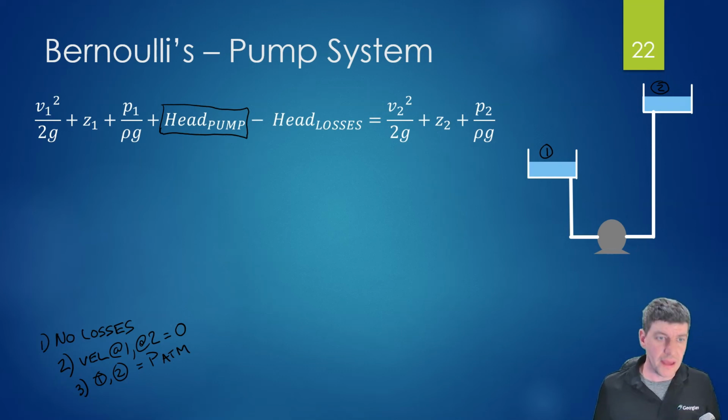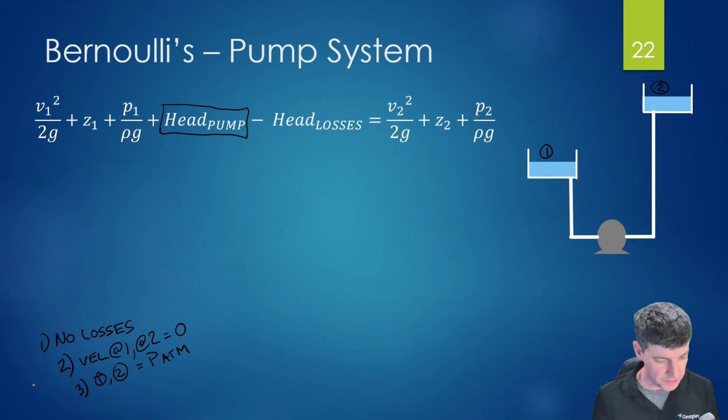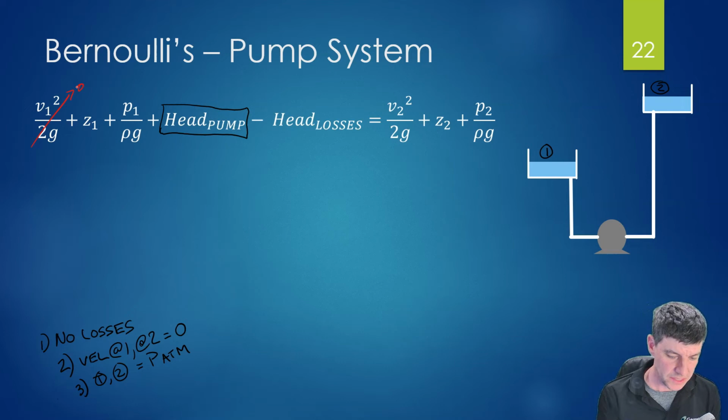So that allows us to simplify Bernoulli's quite a bit. So we have velocities are 0, my pressures are 0, and really all I'm left with is a few terms left over. So let's take a look at what that looks like. Some of the terms that are going to disappear: my velocities are 0, so velocities are going to disappear.